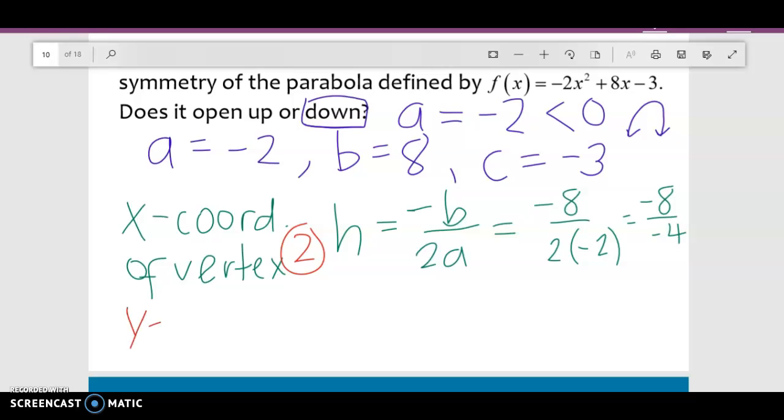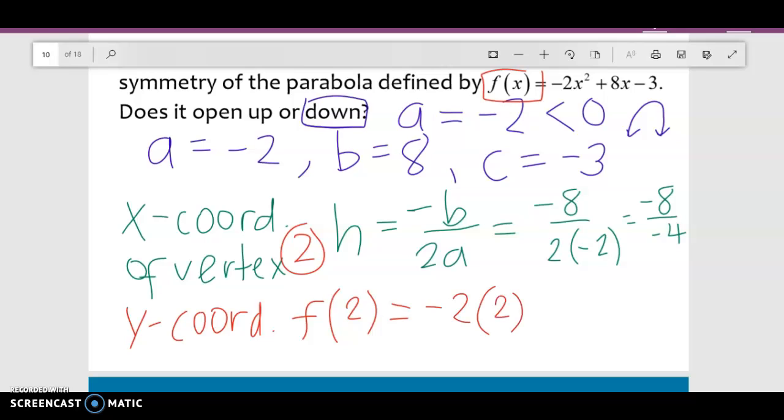The y coordinate of our vertex is for us to take the function here, f of x, and evaluate the function at the x value of our vertex. We're going to evaluate this function at positive 2, okay? And so when we evaluate the function at positive 2, we get negative 2 times 2 squared.